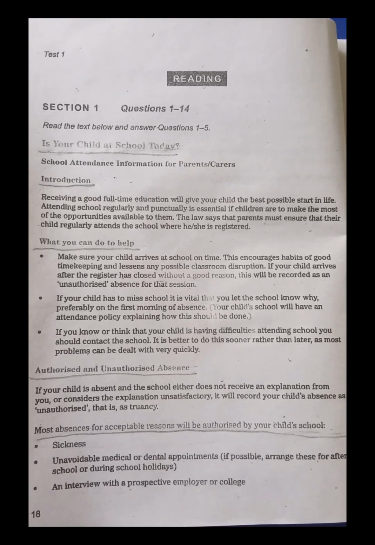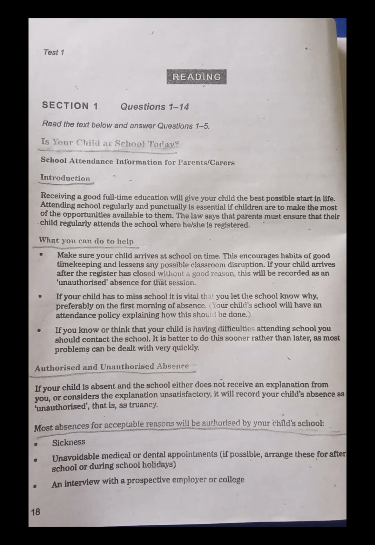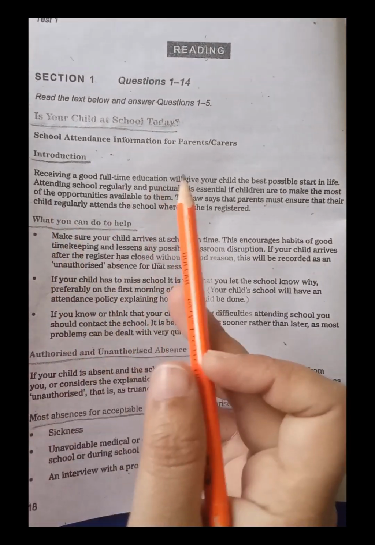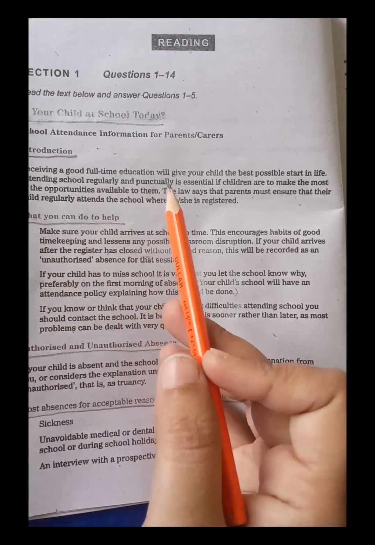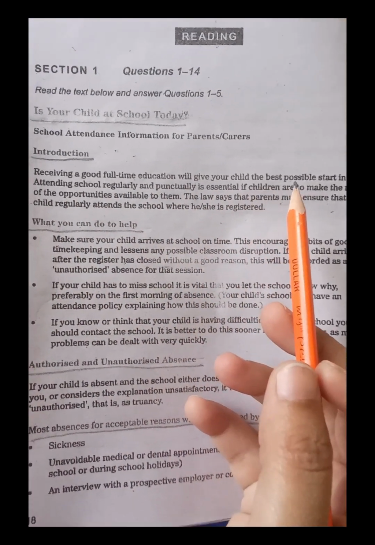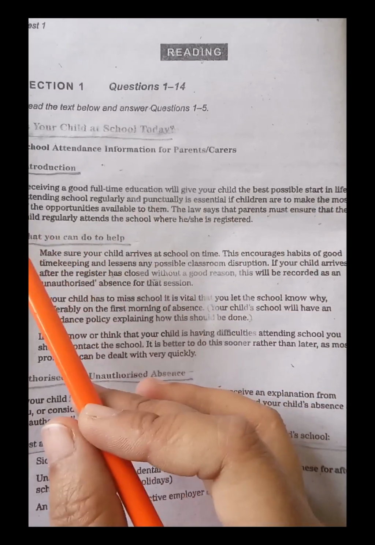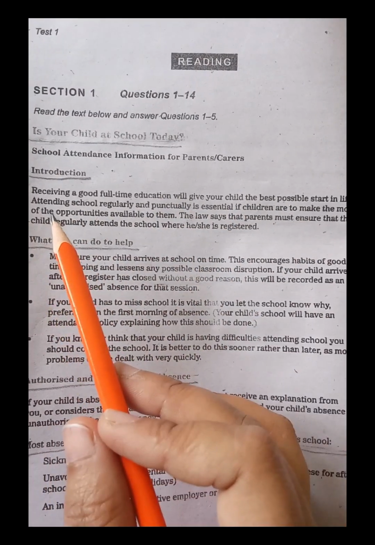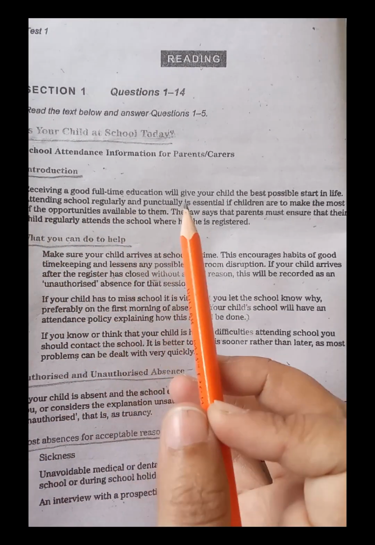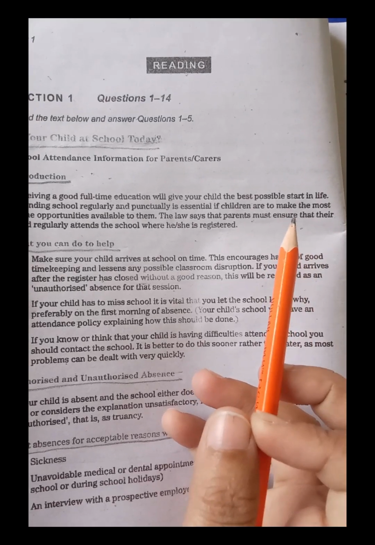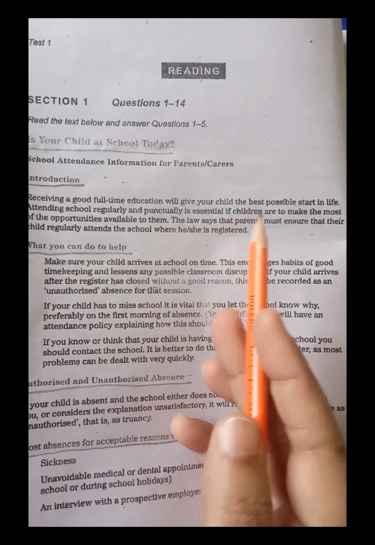Now this is supposed to be at the beginning of the passage. Introduction. Receiving a good full-time education will give your child the best possibility. Must and registered are the keywords now. We just need to find it out or its synonym.